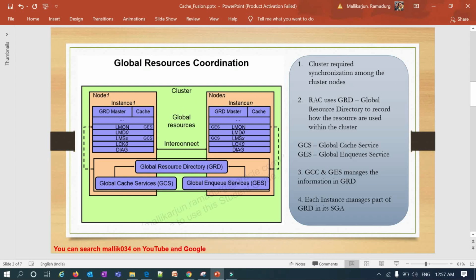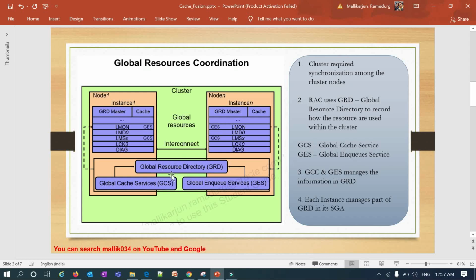The second point is that RAC uses GRD, the global resource directory, to record how the resources are used within the cluster. Whether I have a 2 node or 3 node cluster, this GRD table comes into the picture. It plays a very important role: it manages and holds what my cluster resources are and which cluster nodes hold which particular cluster resources. So all this information can be found in the GRD table.